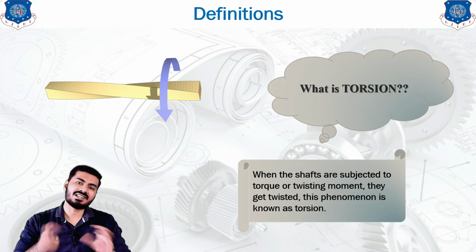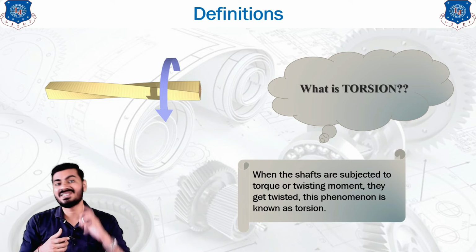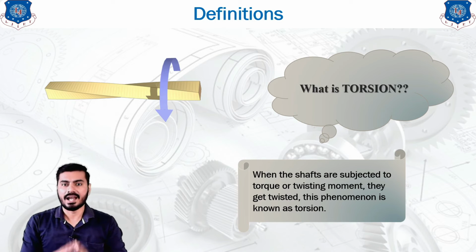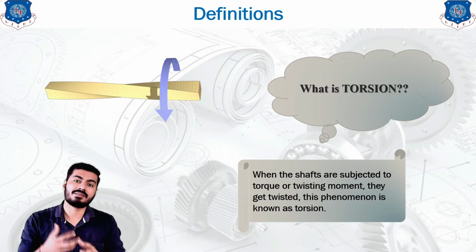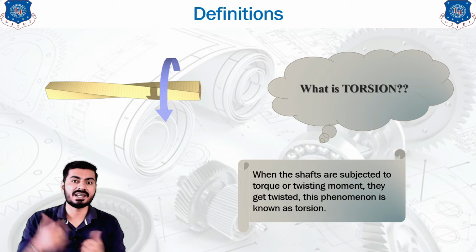Now if you apply the twisting moment or the torque on the shaft, then it will get twisted, and this twisting phenomenon is known as the torsion phenomenon. This occurs whenever we utilize the shaft as a power transmitting element.